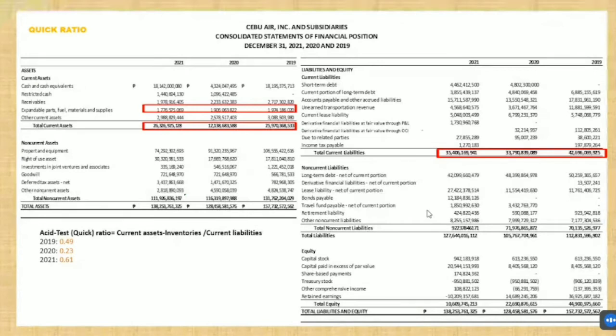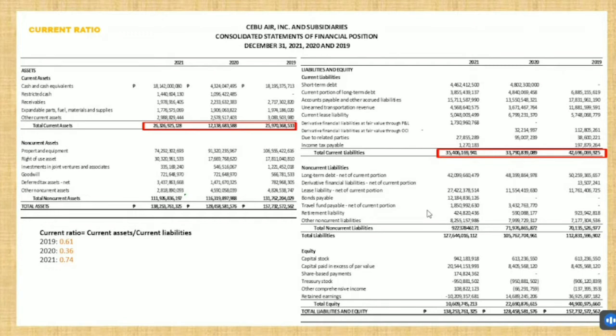From 0.61 in 2019, it goes down to 0.36 in 2020, and subsequently increases to 0.74 in 2021. This means that they have 0.61 for 2019, 0.36 for 2020, and 0.74 for 2021 peso of current assets for every 1 peso of current liabilities.